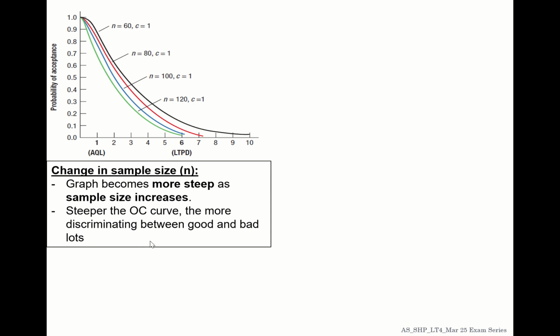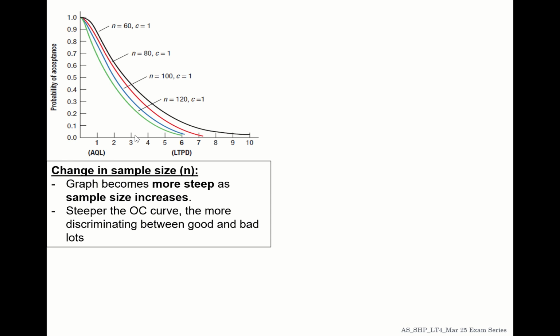The steeper the curve, the better you can distinguish between the good and bad product. That means you know better. Therefore, if it's a lot of bad products, I can reject the lot. That's why I have a lower chance to accept a rejected lot compared to the less steep one. My gradient is less steep, so if I extrapolate, it's actually higher, even though the amount of defect is the same.